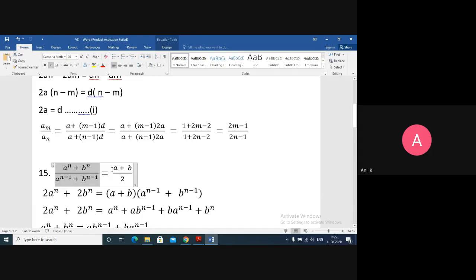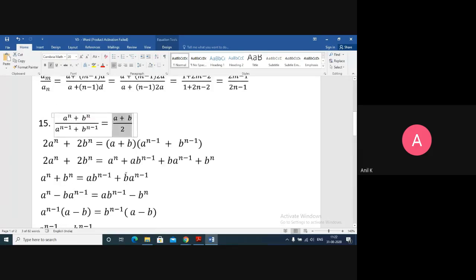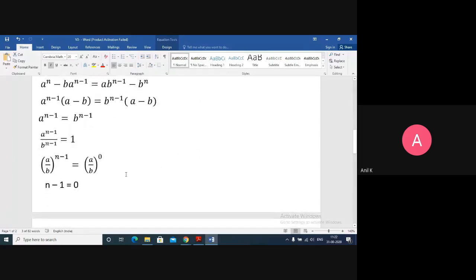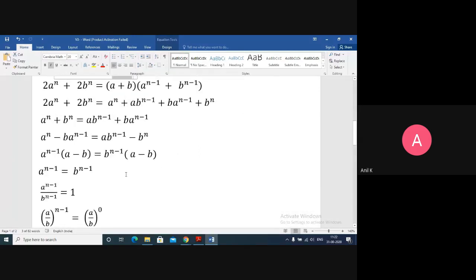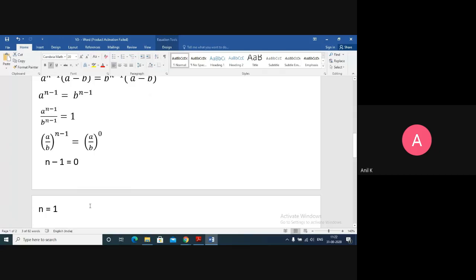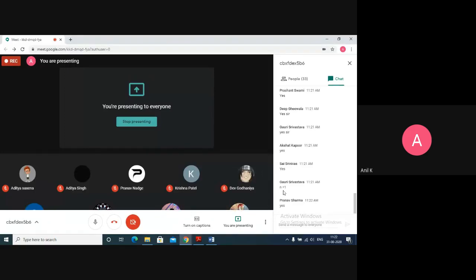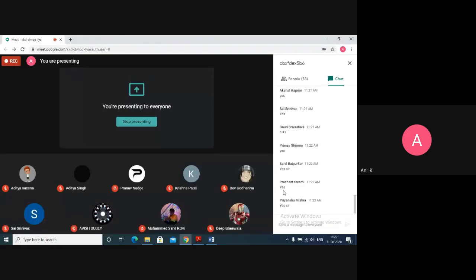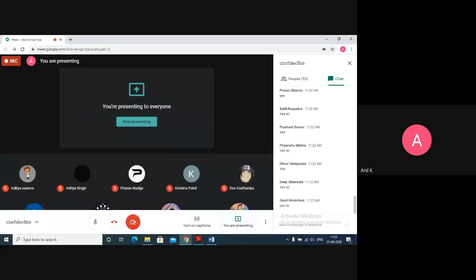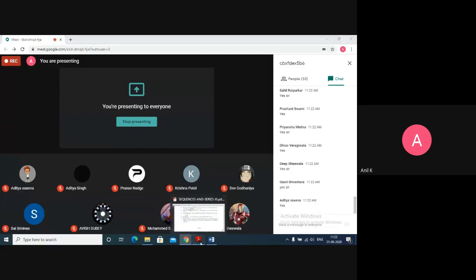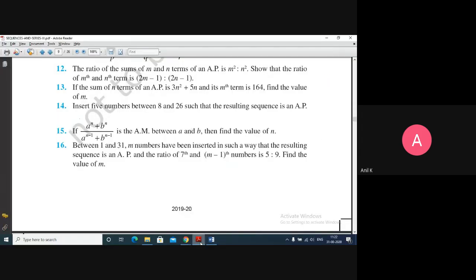So a plus b upon 2, which is the same as RHS. Okay. But if they give it as a 4 or 6 mark question, then this is the process which has to be followed. Is that clear for everyone? So n equals 1. Easy, right?